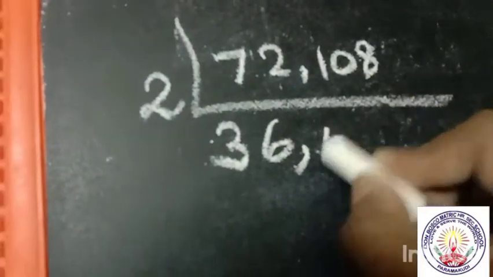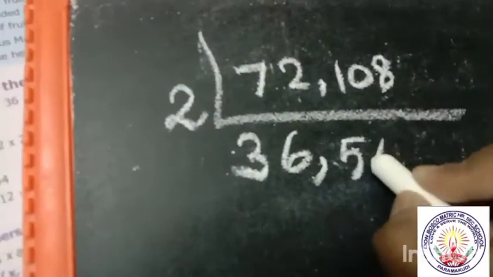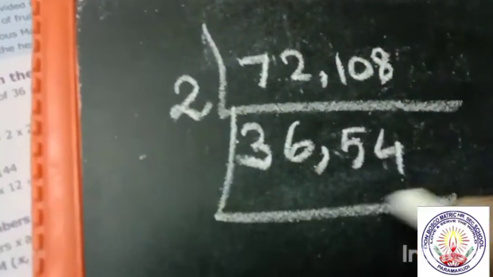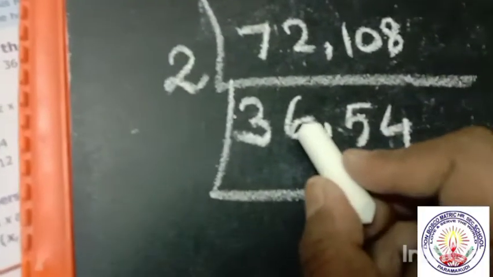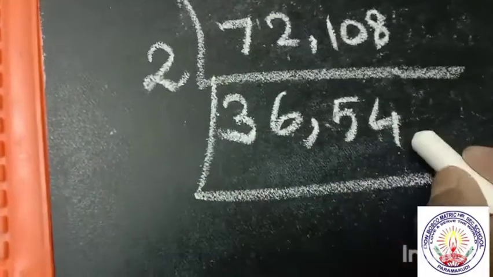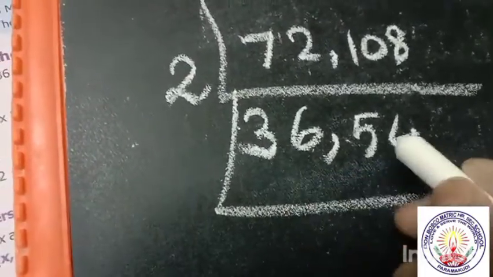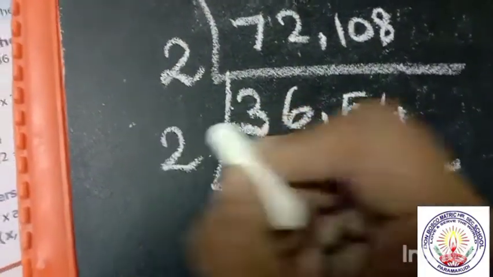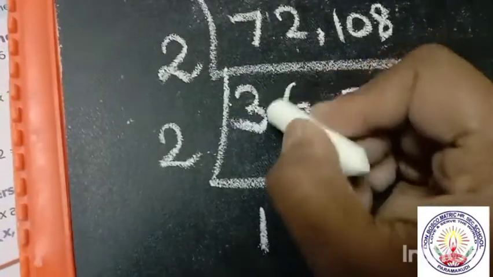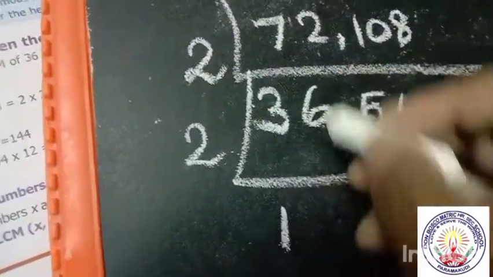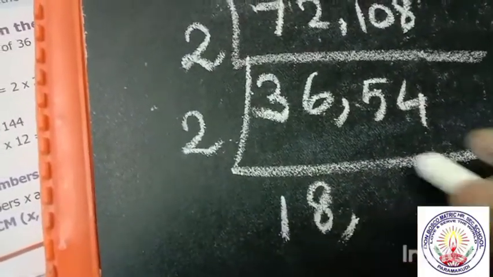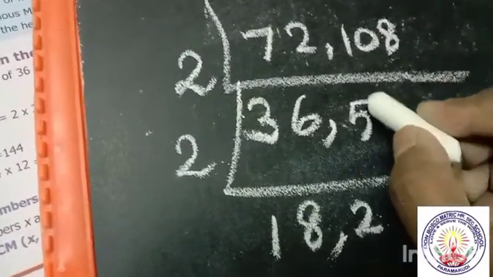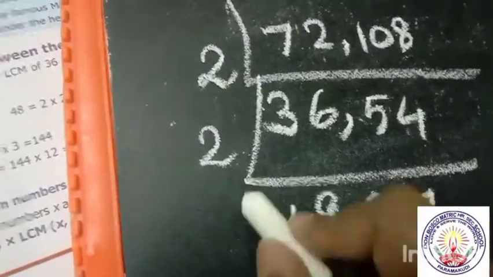Then 5 2s are 10 and 4 2s are 8. Same, in the ones place 6 is there, 4 is there. Both numbers can be divided by 2. So 1 2 is 2, remainder 1. Here 16 is there, 8 2s are 16. 2 2s are 4, remainder 1, 7 2s are 14.